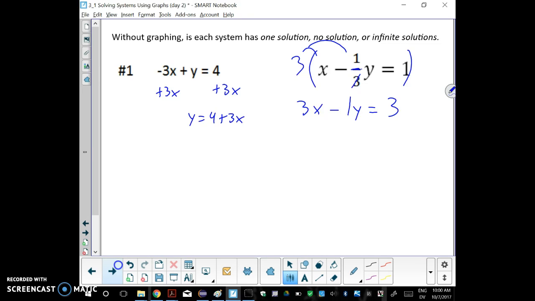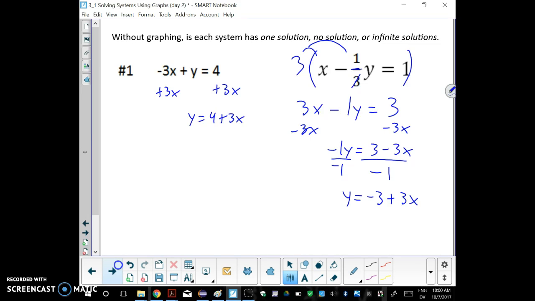Still a little bit of work to do to get y alone. So minus 3x's. Negative 1y equals 3 minus 3x. Divide now to get rid of that times negative 1, and that's just going to flip the signs. So we have minus 3 plus 3x.